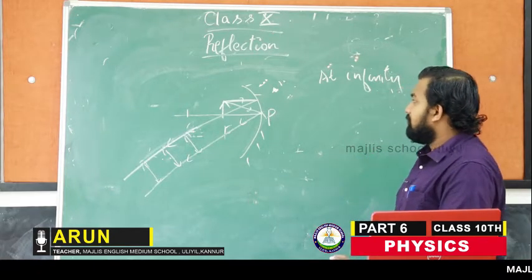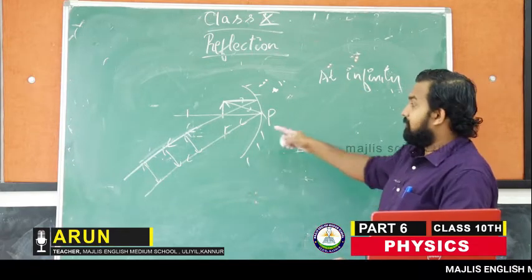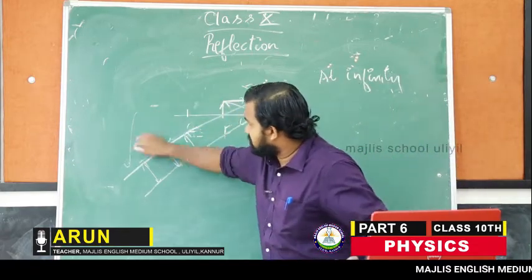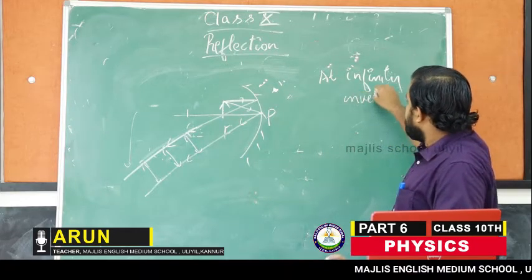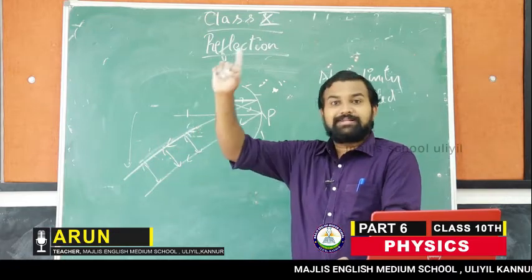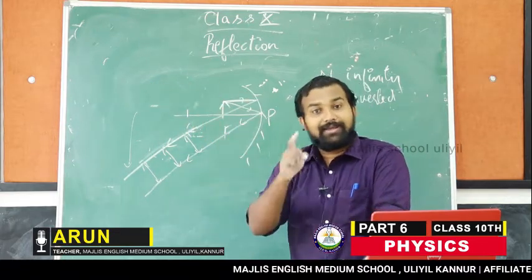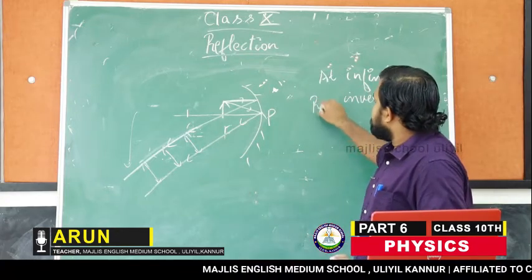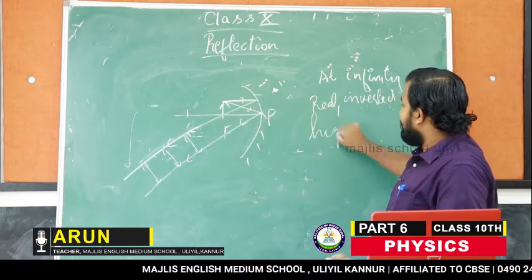Clear? Okay. So the image is formed at infinity and it will be inverted. Again, the distance will be measured downwards from the principal axis. So it is inverted, and they will meet somewhere at infinity, at a longer distance. Really they will meet, so it's a real image, inverted, and highly enlarged.